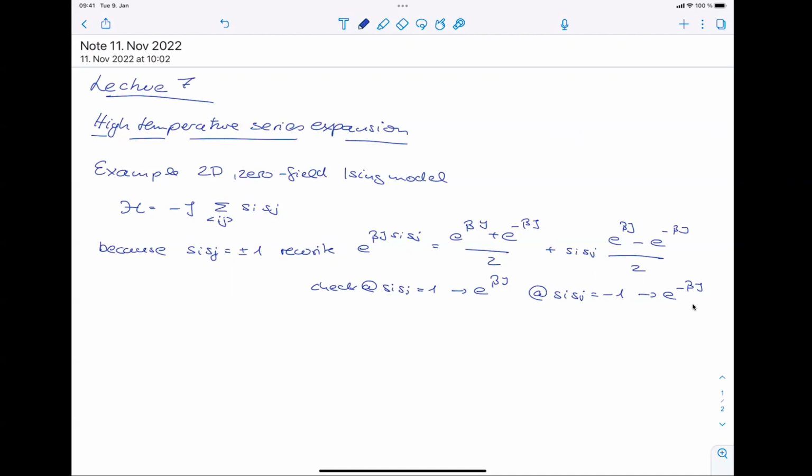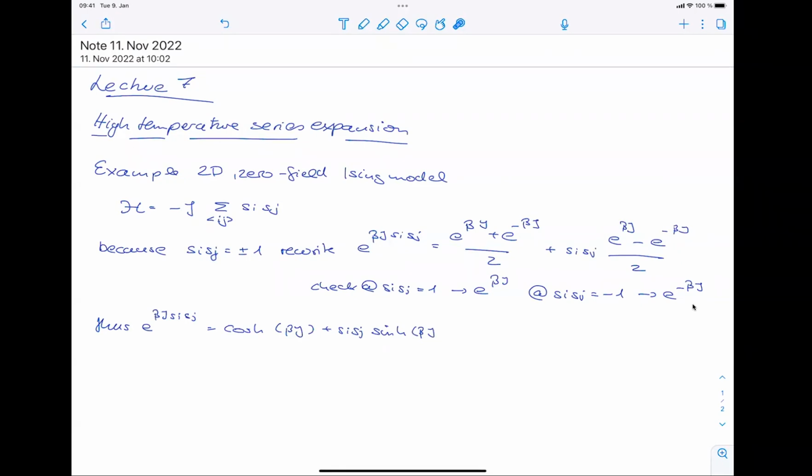And that's the trick, because now, using this, I can write this. I mean, this first term is nothing else than the hyperbolic cosine of beta J, plus Si Sj and the hyperbolic sine of beta J, right? This is exactly the definitions of the hyperbolic functions.